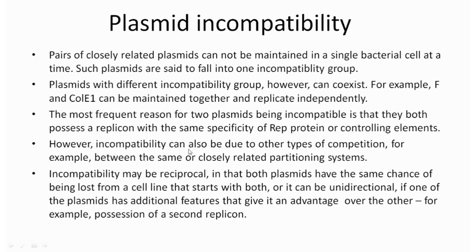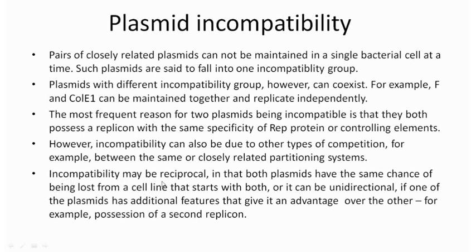However, incompatibility can also be due to other types of competition, for example, between the same or closely related partitioning systems. So how the plasmids will get partitioned during cell division. If that is common, then it is a problem. If that is different, then both of them can coexist. Incompatibility may be reciprocal.